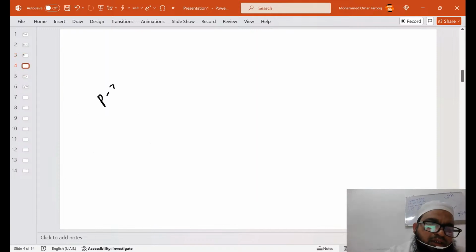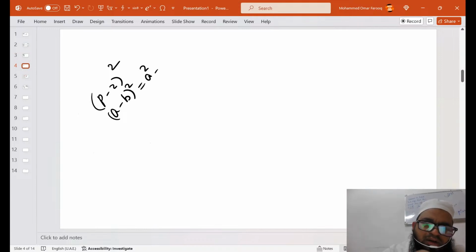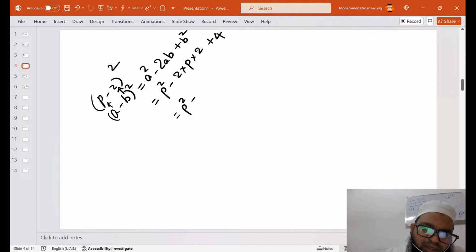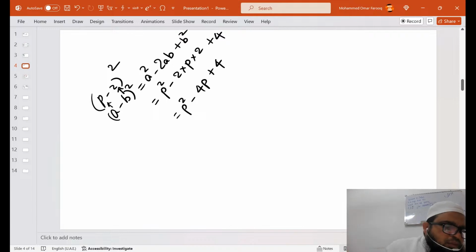See, p minus 2 whole square is in the form of a minus b whole square, that is equal to a square minus 2ab plus b square. So in place of a, it is p square minus 2 times p into 2 plus 2 square, 4. So that implies p square minus 4p plus 4. Understood, Salman? Good.